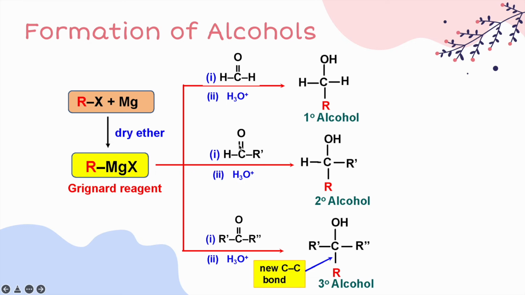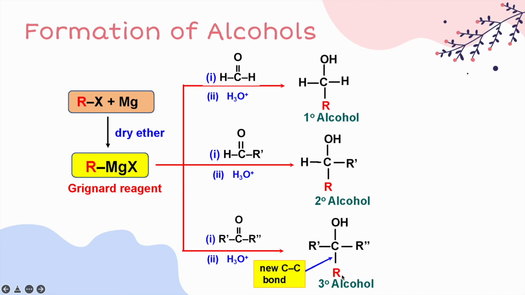So C double bond O will become C single bond OH, and then one C single bond with R group will be formed in the secondary alcohol, and this R group here is this R group. So in order to form secondary alcohol, make sure the aldehyde used has one R group only.